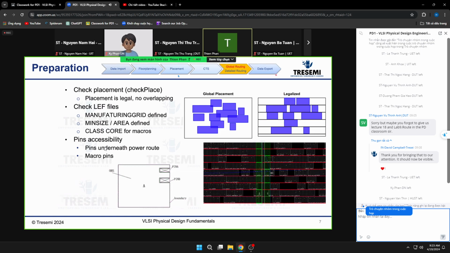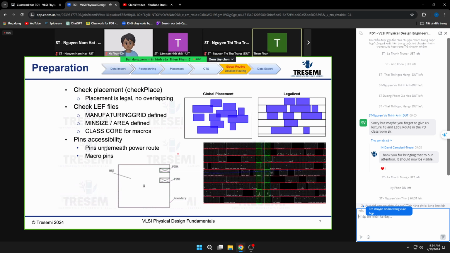If you look here, we have a macro A, let's say, and then we have a pin. This pin is created with blockers around the pin. But sometimes you want to route to the macro pin with a certain type of signal, with a certain width, and with the given blockages it couldn't get to that pin cleanly. Those are the things that you need to check.